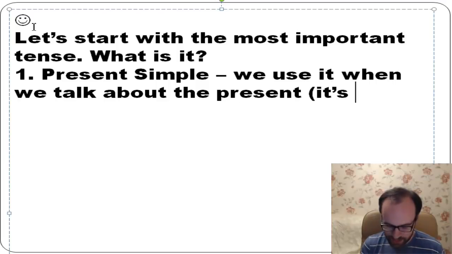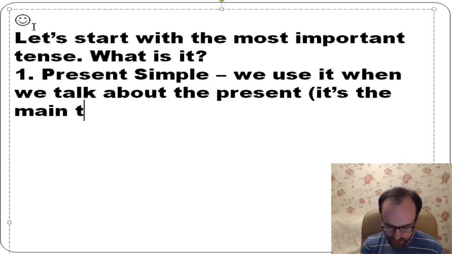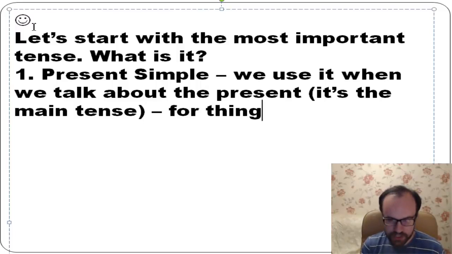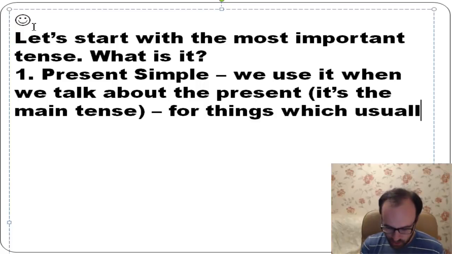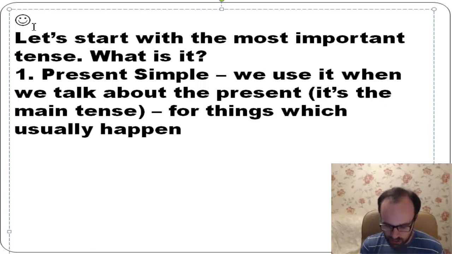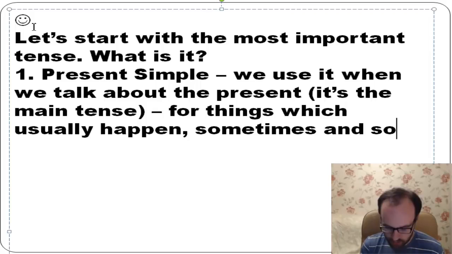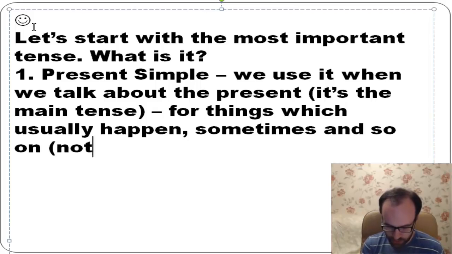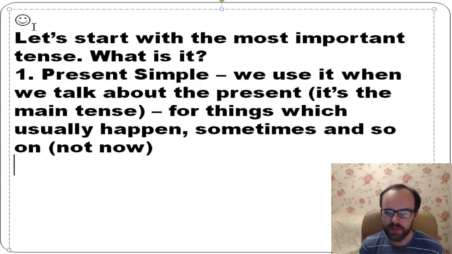It's the main tense, for things which usually happen, or sometimes, and so on. Not now.